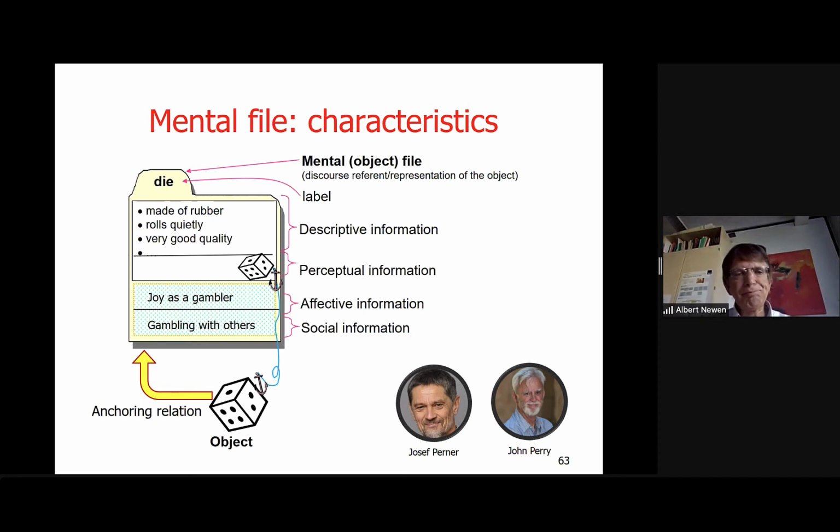And the idea is that a mental file is an internal specific informational organization that helps us to understand how we organize and integrate the information about one object or about a property. Here, about one object. Or actually the property of being a die.